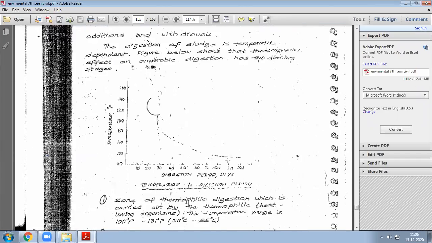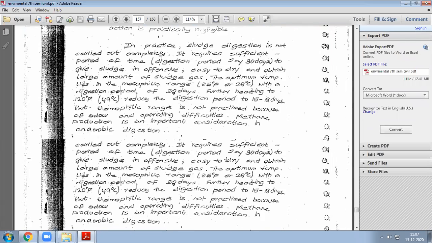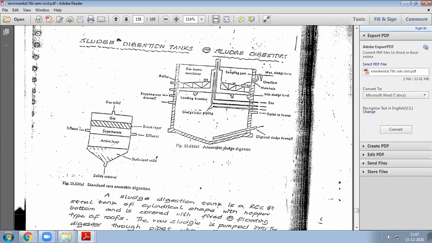Sludge digestion bed is there. Yeah, I think it came. So 2-3 minutes I'll do this and I will end the session.